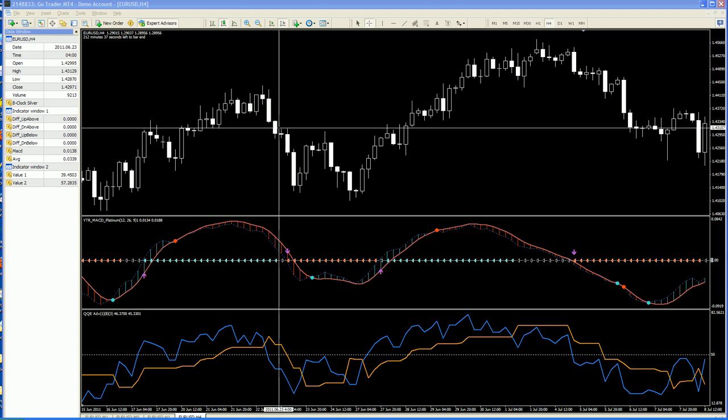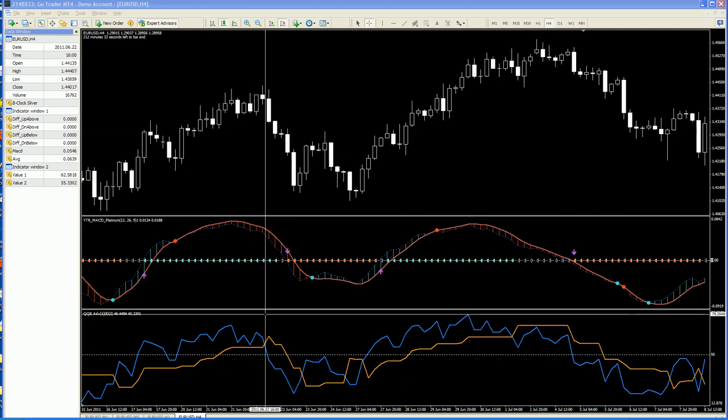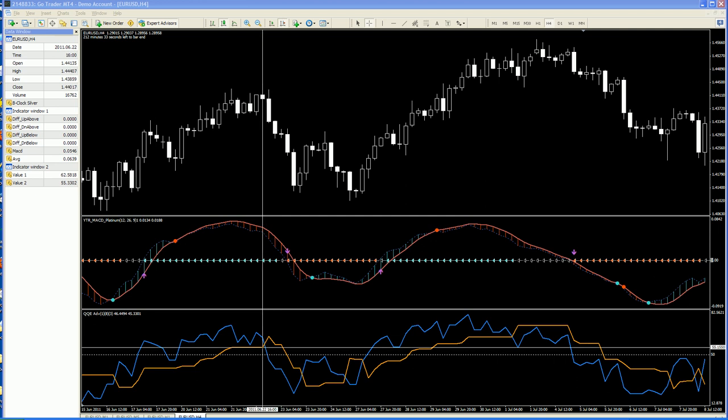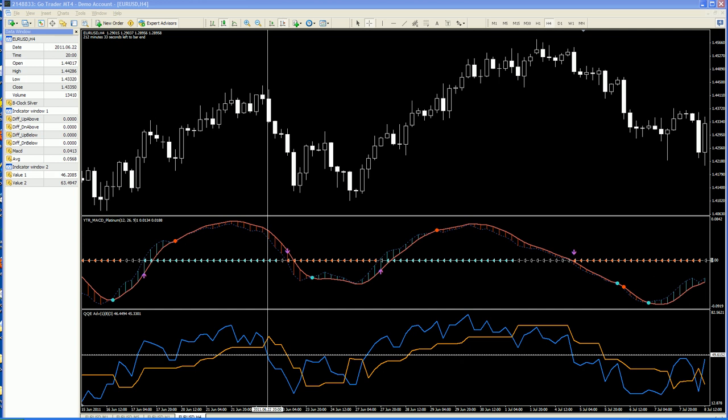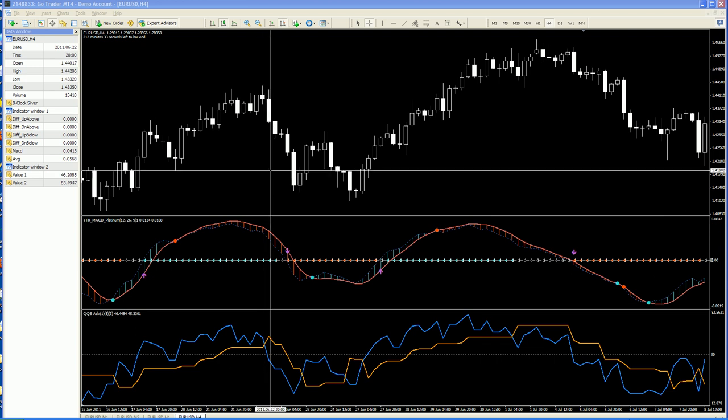I think too, because we had both our cross of the orange line and the white dot on the same candle, to me that would be a double entry if that's possible, a double position size, because it completes 2 of the criteria, if that makes any sense.